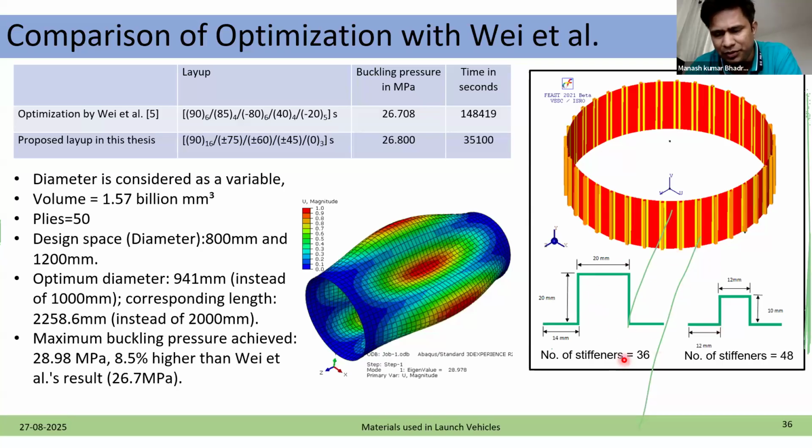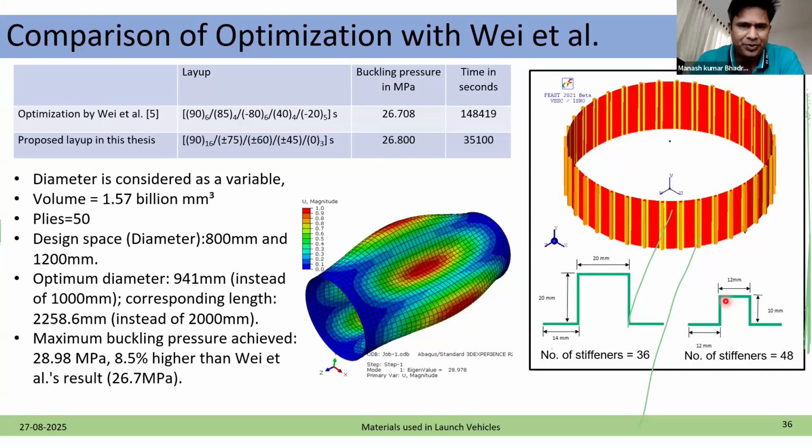We found after the optimization that the number of stiffeners, instead of 36 in the original design, should be increased to 48, but the overall size is to be reduced. So doing this, we have reduced the mass while fulfilling all the design requirements of strength and stiffness.